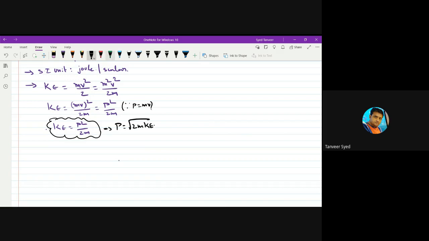Suppose a car and a truck are both traveling with the same momentum.